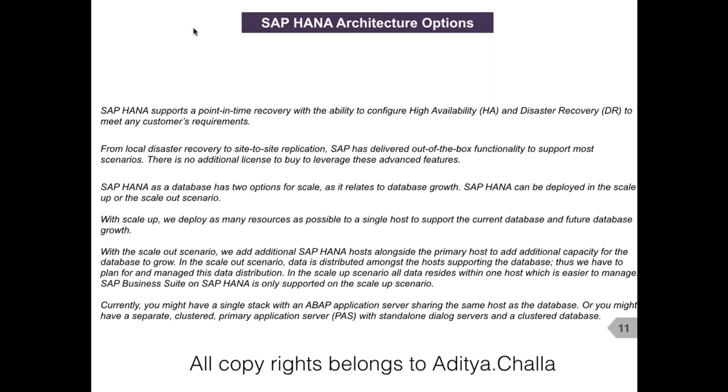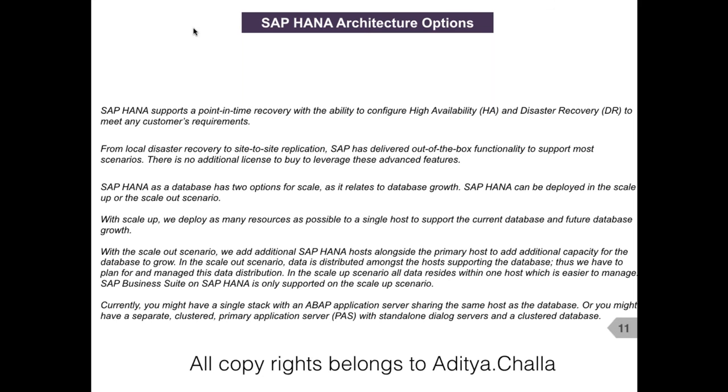They have provided a solution for this, from local disaster recovery to site replication. SAP has delivered out-of-the-box functionality to support most scenarios. There is no additional license to buy to leverage this advanced feature. So a separate license is not required to run disaster recovery management.